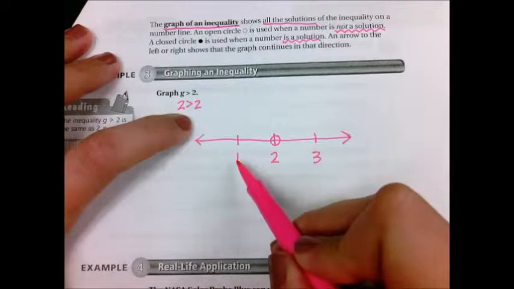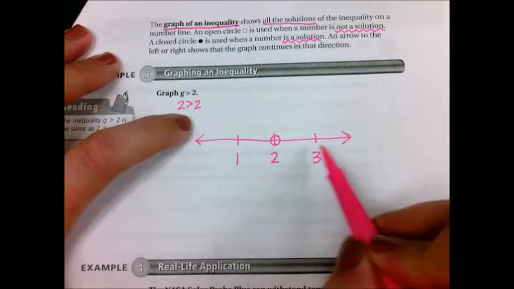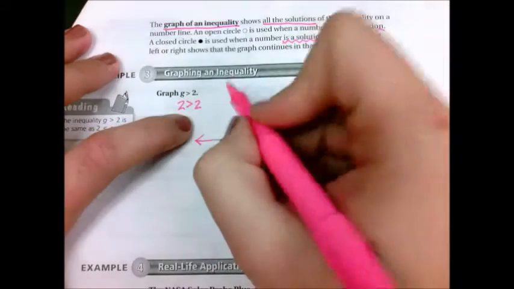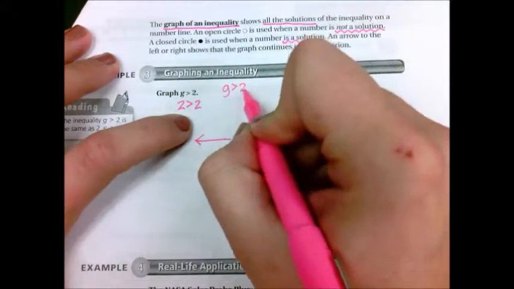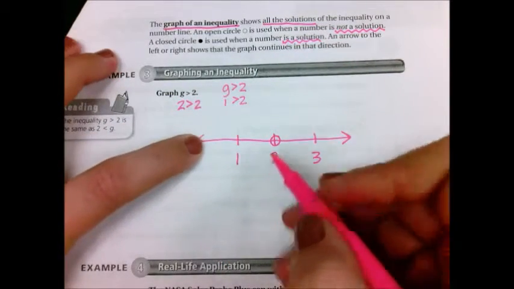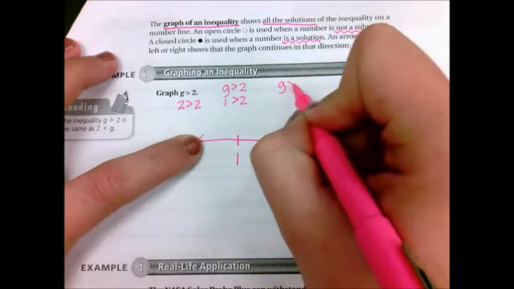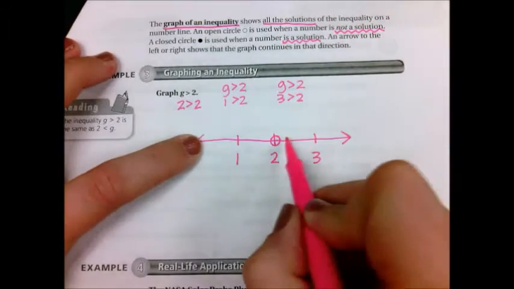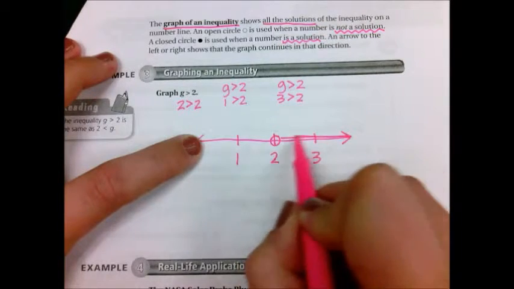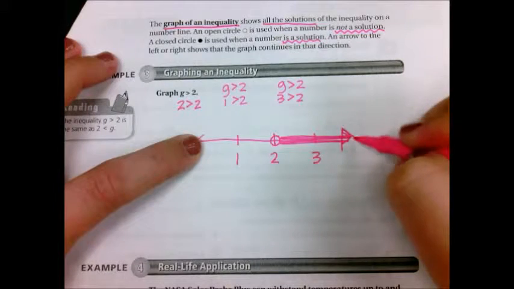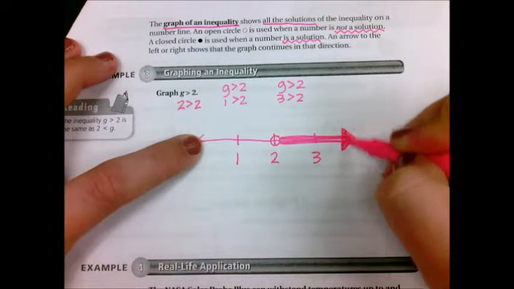Now I need to decide which way do the rest of my solutions go. So if I put 1 in for this, would 1 be greater than 2? No. What if I put 3 in? Is 3 greater than 2? Yes. So all of my numbers that work are the numbers that are this way on the number line.